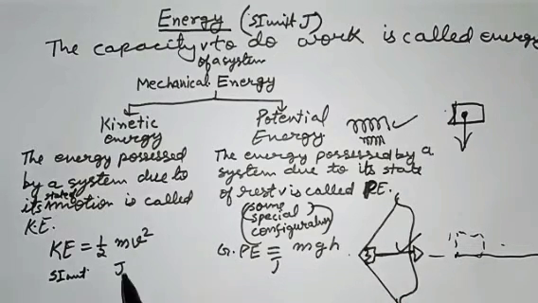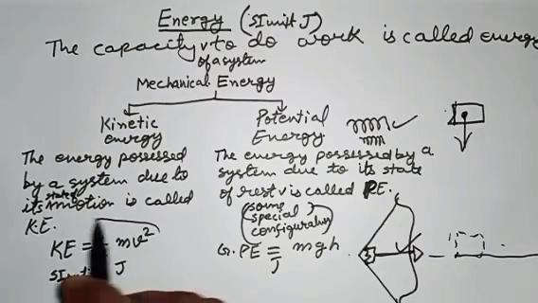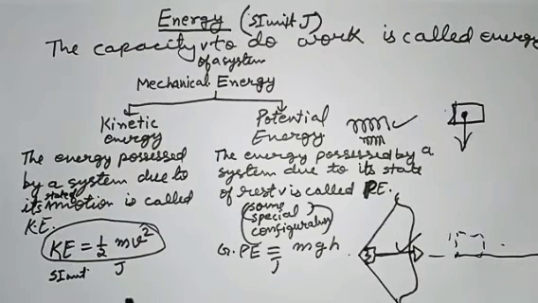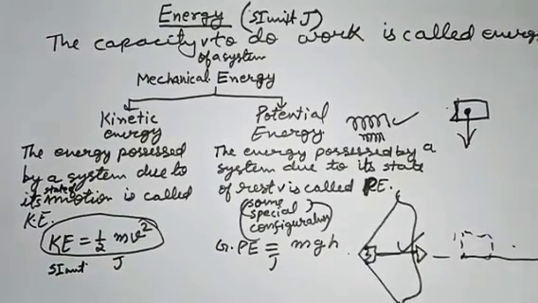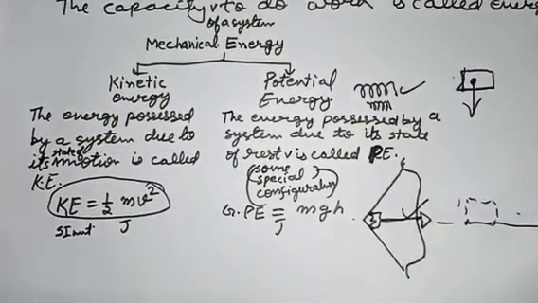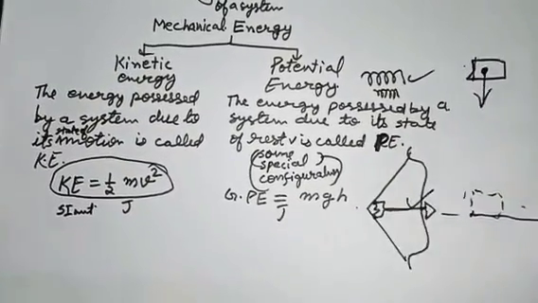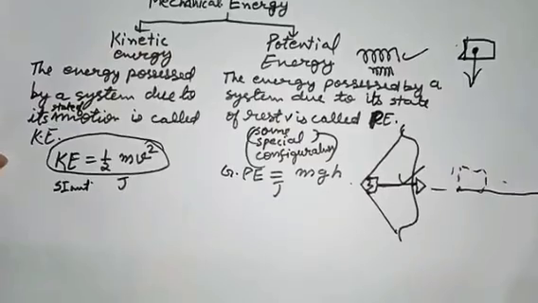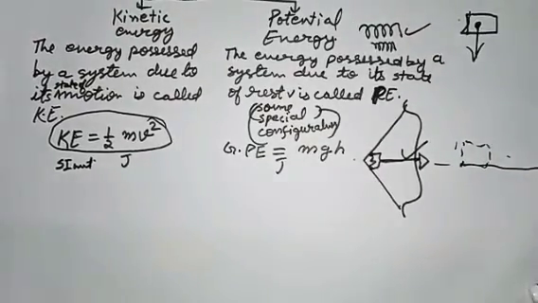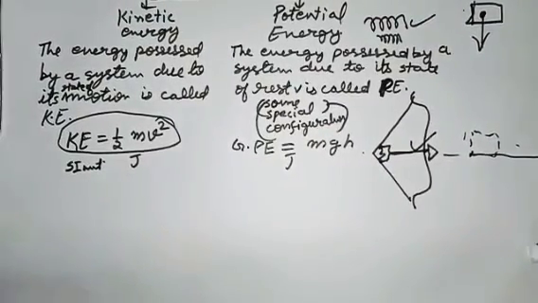Next, this kinetic energy itself is related to some work, and we call the relation between kinetic energy and work a theorem, and that theorem is called the work energy theorem.